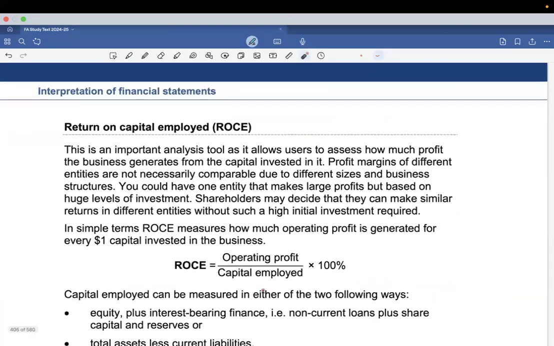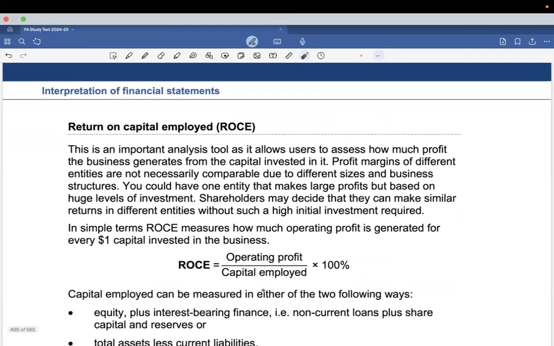Next type of ratio is ROCE, return on capital employed. So the equation is PBIT, that is the operating profit, divided by capital employed into 100. Into 100, not 100 percentage, all right?